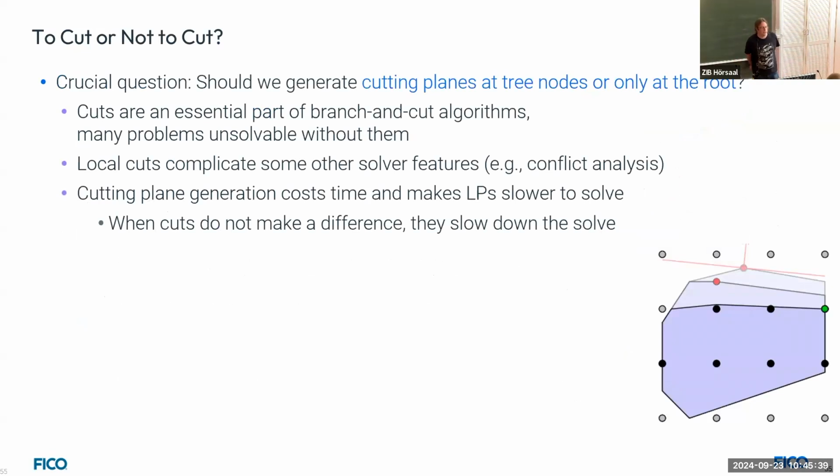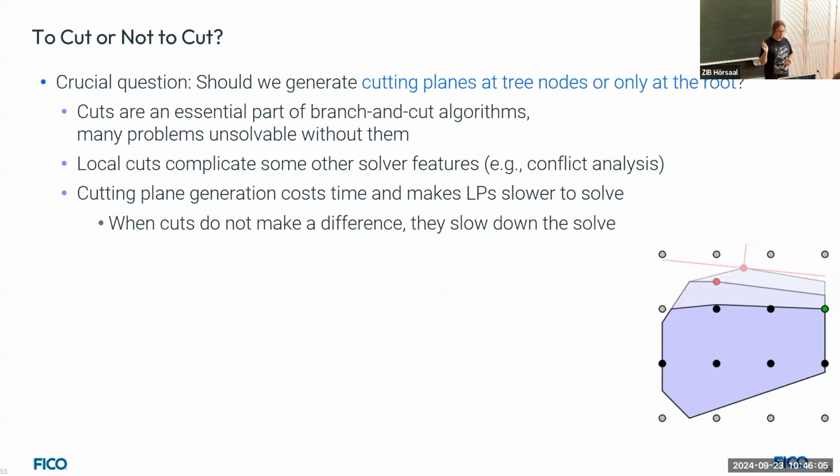That's the crucial question. And I mean, one could easily come up with arguments for either direction. So they are a very essential part. We know from certain combinatorial optimization algorithms that branch and cut was the breakthrough procedure to solving them. There's a lot of problems which you cannot solve without local cuts, or at least not as well.